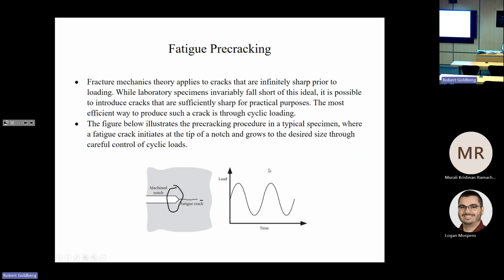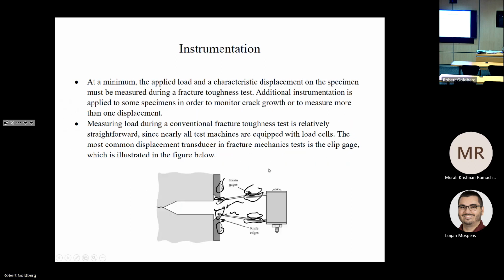So in order to make sure everything stays nice and linear elastic, to start off, if you compute your stress intensity factor using this load, you want it to be less than 0.8 of what the critical will be. And then as you get closer to your final fatigue crack length, you put in stricter limits, and you want this peak to be less than 0.6 of the expected critical stress intensity factor.